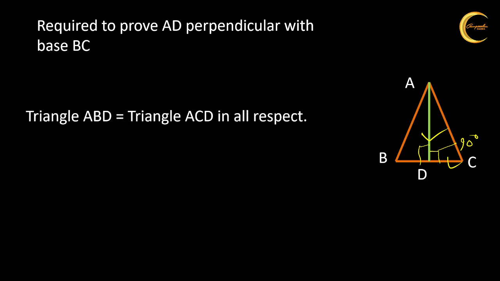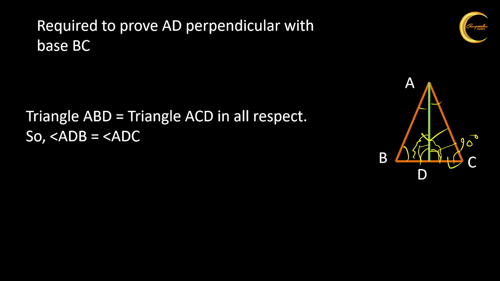So triangle ABD equals triangle ACD in all respects. All respects means its corresponding angles are equal, this angle equals this angle, this angle equals this angle, this angle equals this angle. Okay. Now first come to the point. So this angle ADB equals this angle ADC.